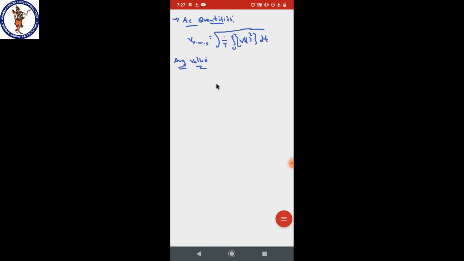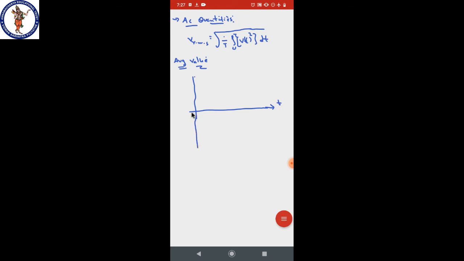I will explain what this means. Suppose I write a symmetrical waveform. This also depends upon the area of the circuit. This is symmetrical or asymmetrical. You know what symmetrical or unsymmetrical means.